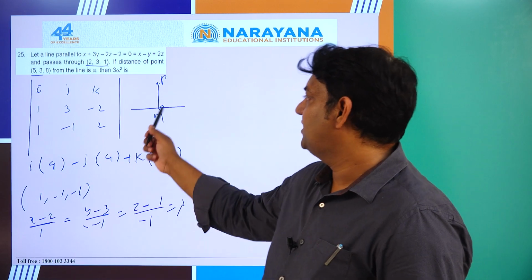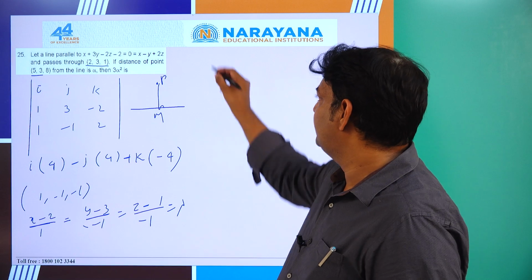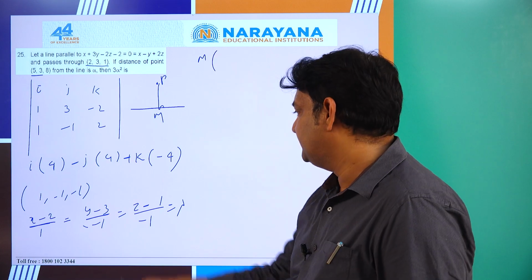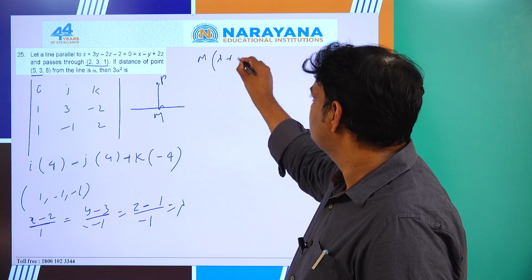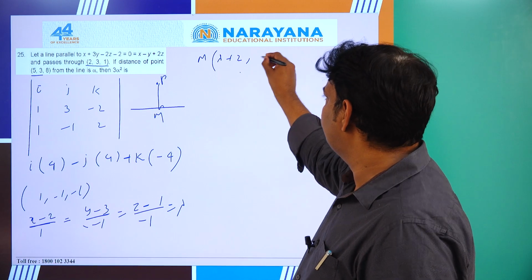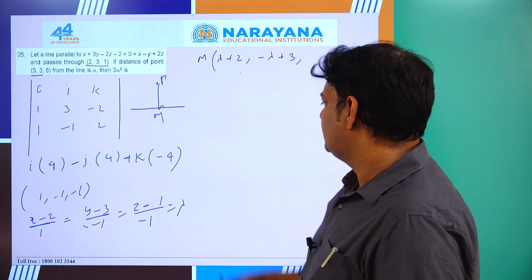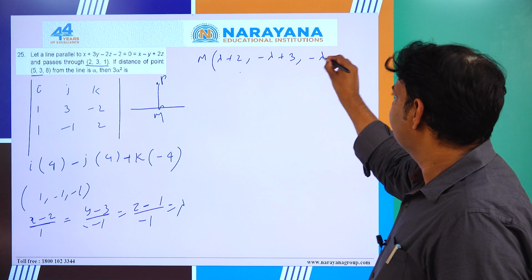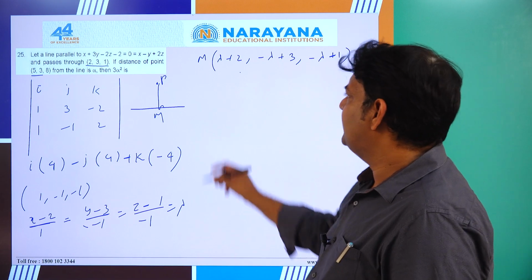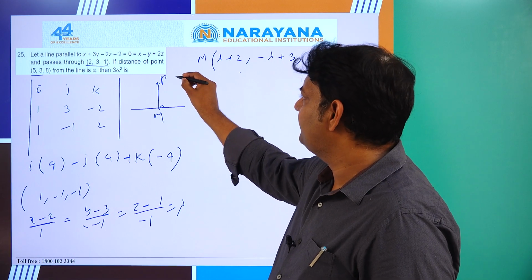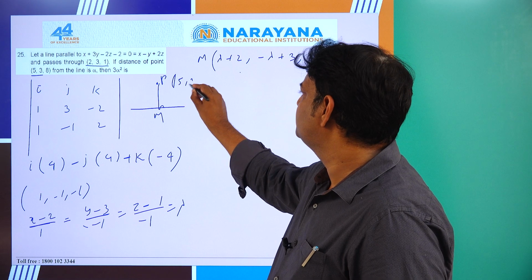Any point on the line, you will take it as lambda. So you will get the point M as (lambda + 2, -lambda + 3, -lambda + 1). What are the DRs of PM? And what is the point P you have? (5, 3, 8).